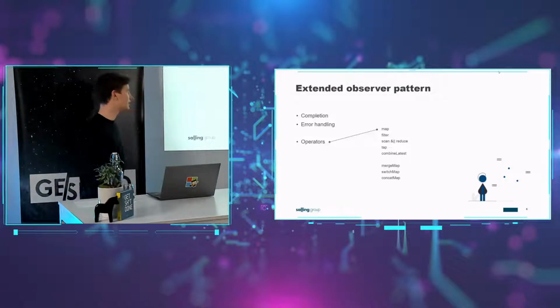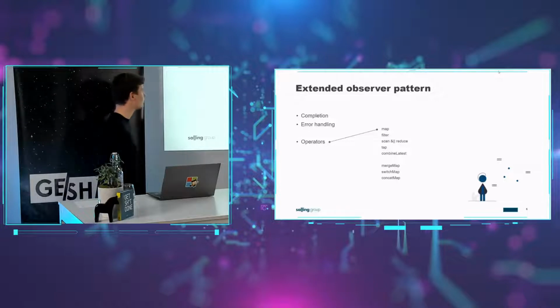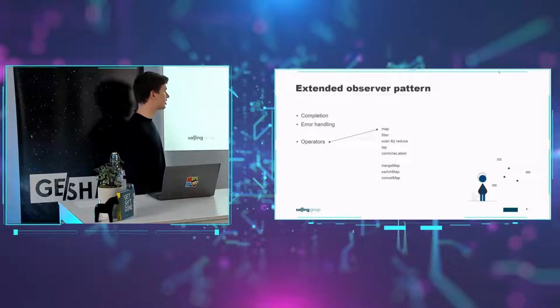And the reason I talk about arrays now is that when we talk about data flows, data streams, we can see them as lists as well. It's basically a list of data, but instead of having everything available immediately, you have the data available over time. So it comes in over time.